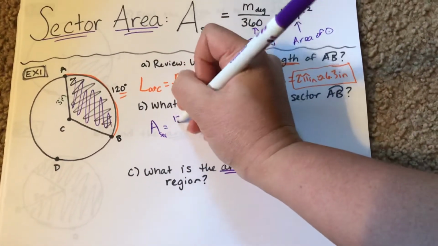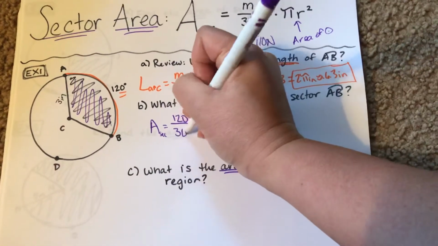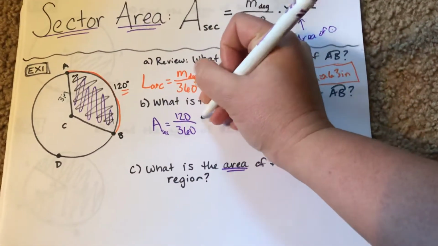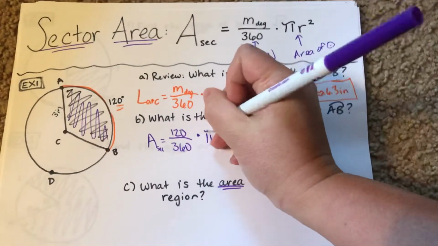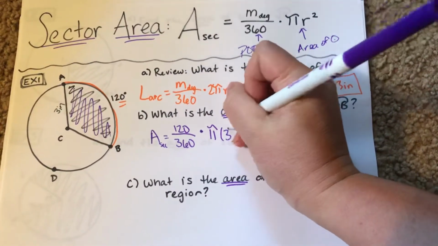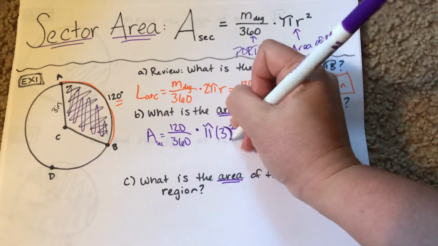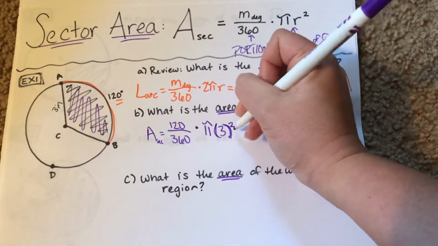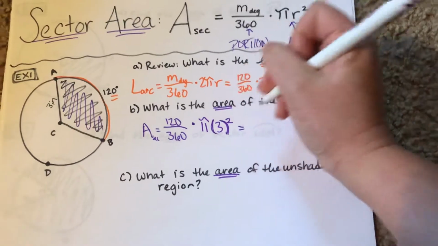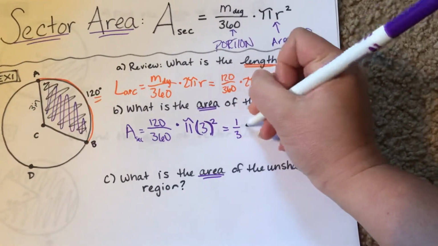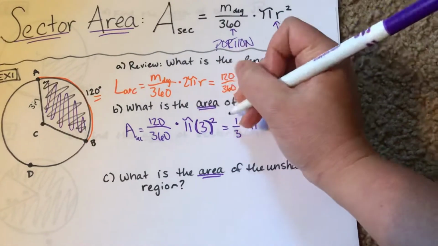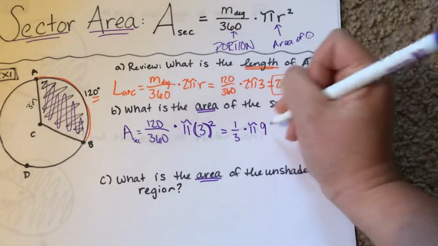Again, it's 120 degrees, just like we did with arc length, but in this case, it's area of a sector. Our degree measure is 120 out of a possible 360. Then we want to multiply that by our area of a circle, so pi times the radius of 3 squared. Notice how I put my 3 in parentheses because I want to square the 3 and nothing else. So if I do this a step at a time, 120 divided by 360 is the same thing as a third, times pi times 3 squared, that's 3 times 3, which is 9.